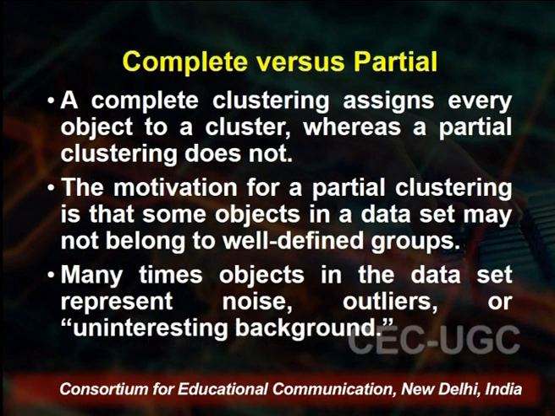Partial clustering basically means that some objects may not belong to any of the well defined groups. For example, there are objects in the data set which represent noise, or outliers, or uninteresting background. So this kind of data object need not be assigned to any group. This clustering is known as partial clustering.